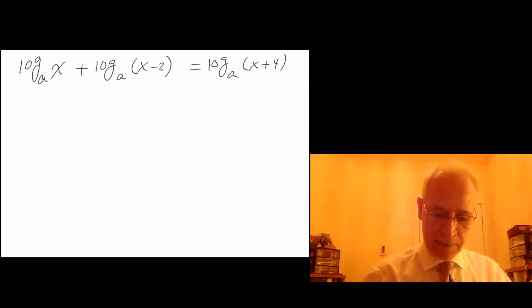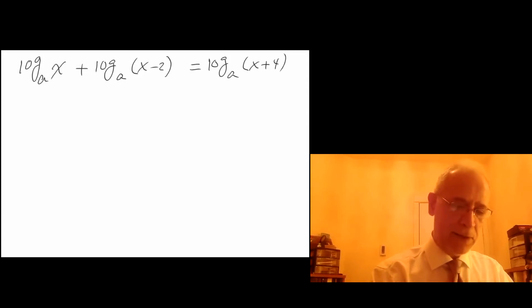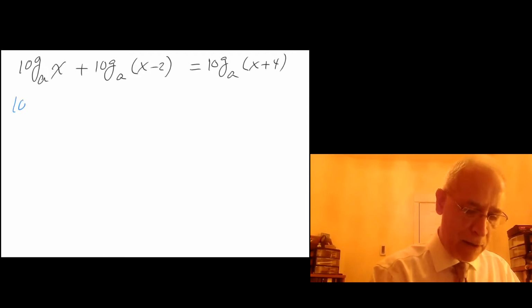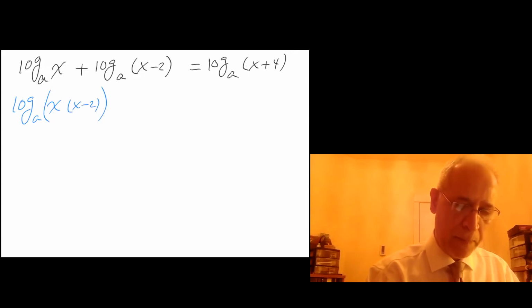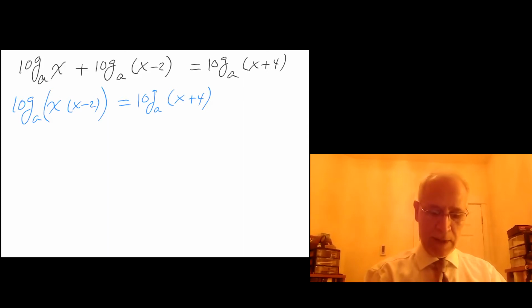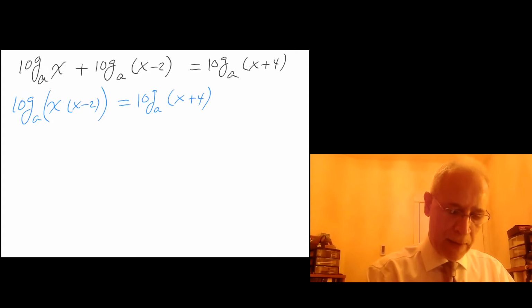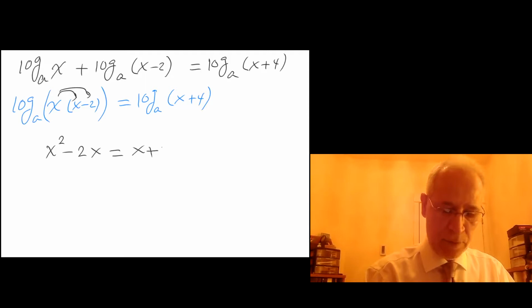Now notice that on the left-hand side, I can rewrite this as log base a of x times x minus 2 equals log base a of x plus 4. So now I'm going to claim that this is the same as x times x, which is x squared, minus 2x equals x plus 4.